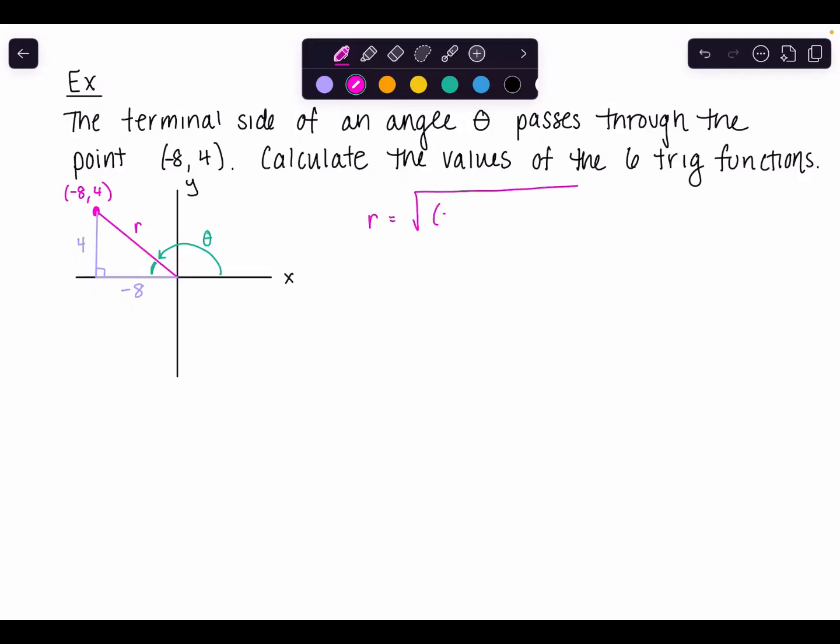So r is the square root of x squared plus y squared, so the square root of 64 plus 16, which gives us the square root of 80. And I definitely need to simplify this. If you divide by perfect squares, 80 is the same thing as 16 times 5. So my hypotenuse of the triangle is 4√5.